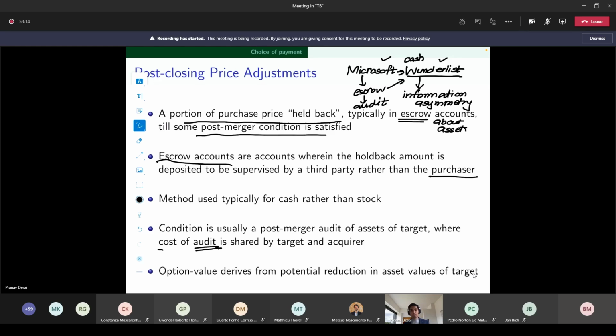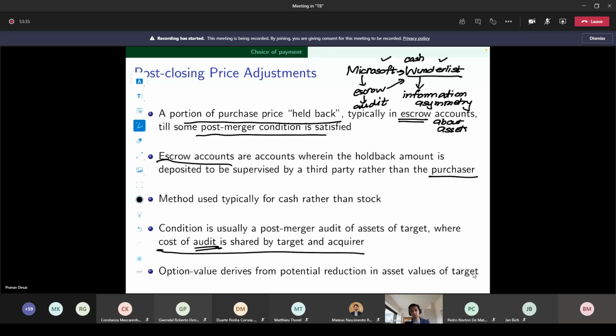And because the asset belonged to the target, the cost of audit is shared by both the target as well as the acquirer. So a post-closing price adjustment in that sense protects the acquirer from the target being dishonest about the status of its assets.